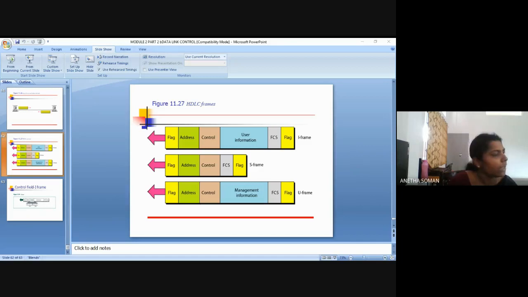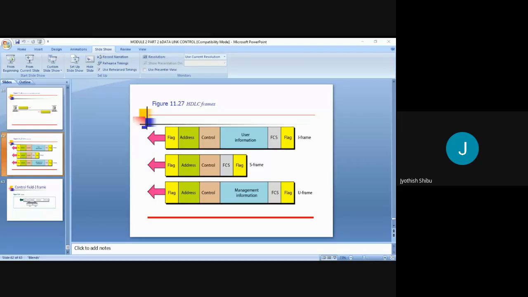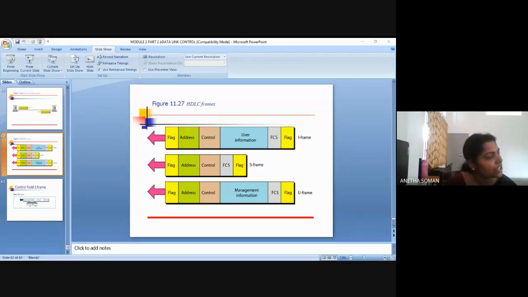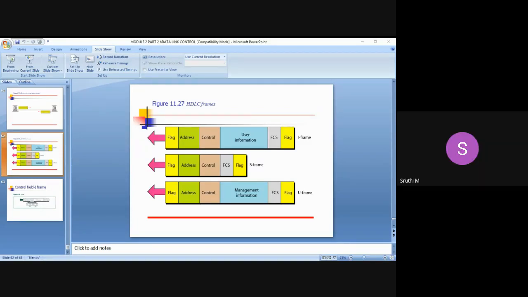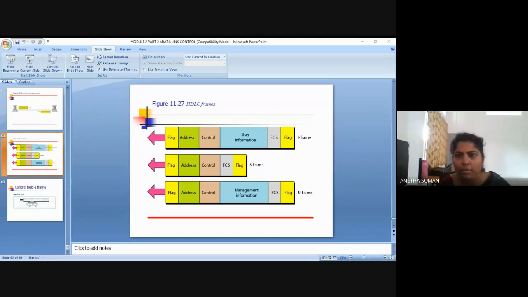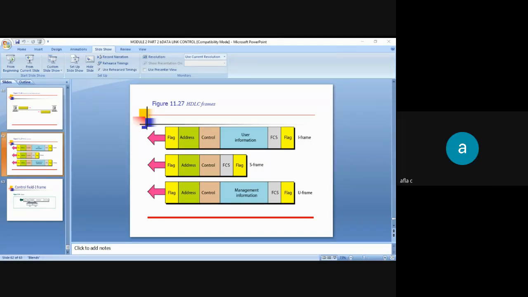And Afla is present. Yes, Miss. Jyotish? Yes, miss. And Vaishna and Shruti. Vaishna is absent, Miss. What happened to her? She has an exam.